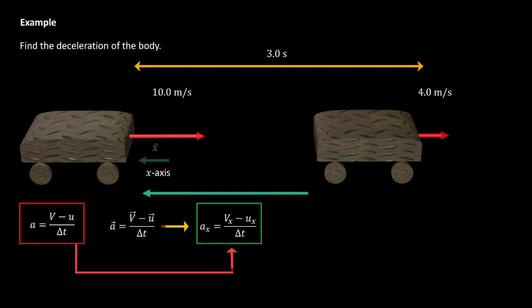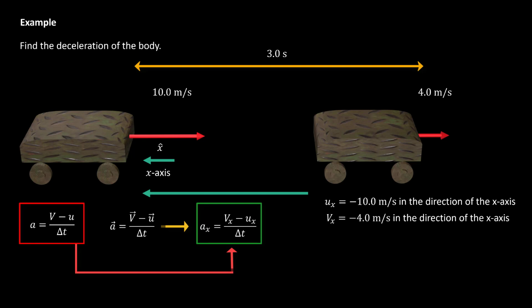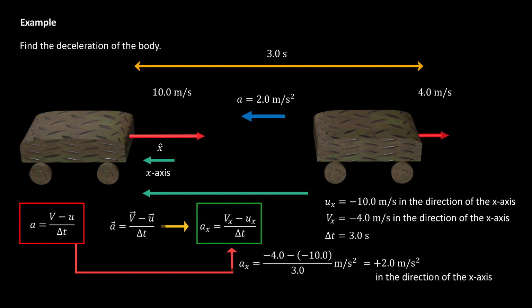We have our x hat pointing left this time. Then we write a_x equals v_x minus u_x divided by delta t. So here we have u_x equals minus 10.0 meters per second, v_x equals minus 4.0 meters per second, delta t equals 3.0 seconds. Hence we have a_x equals plus 2.0 meters per second squared.